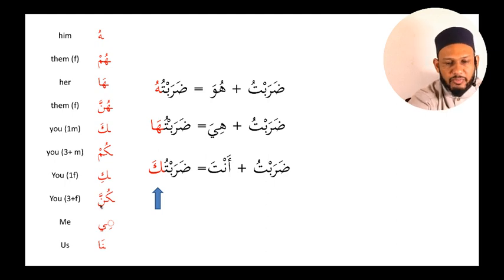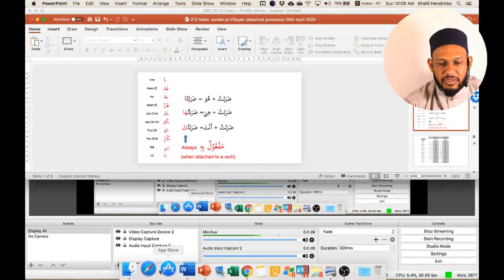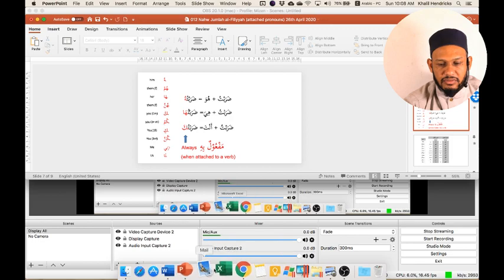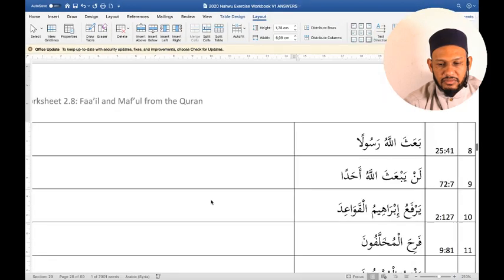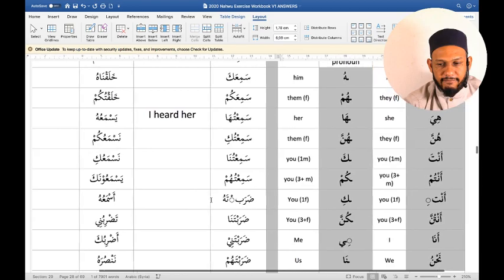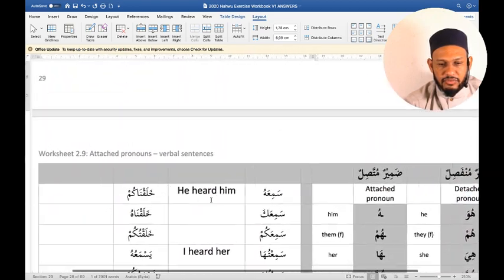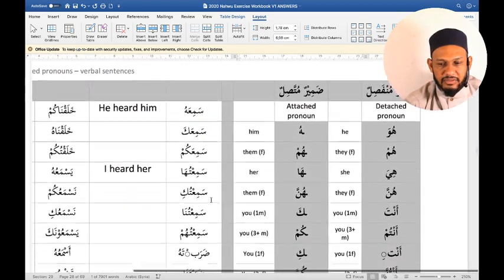Actually, let's open our workbook rather. That's going to be easier. Let's open our workbook. Open your workbook to worksheet 2.9.